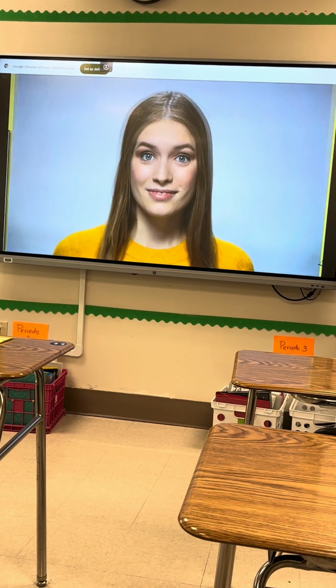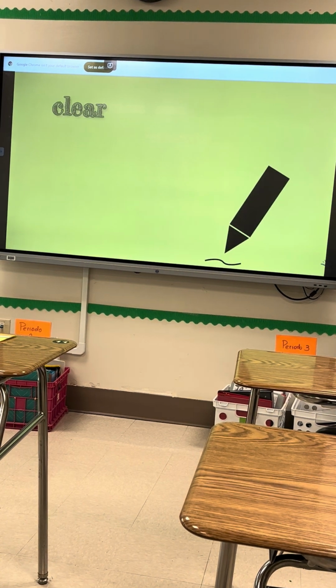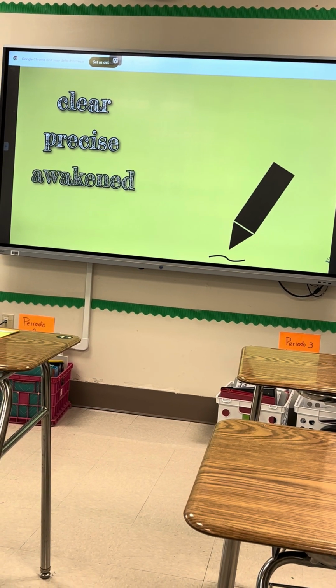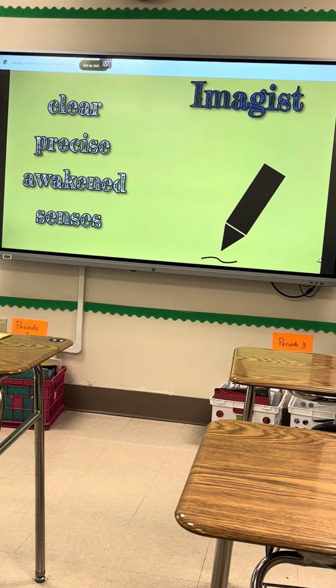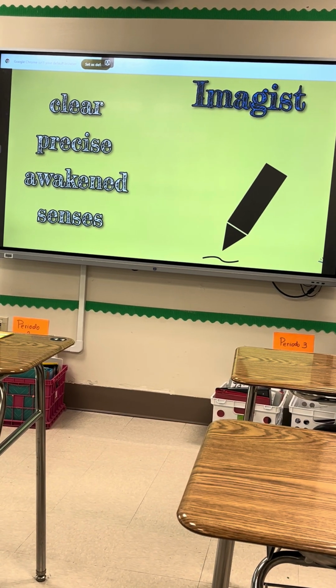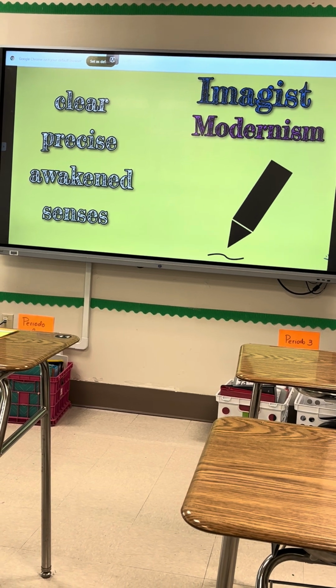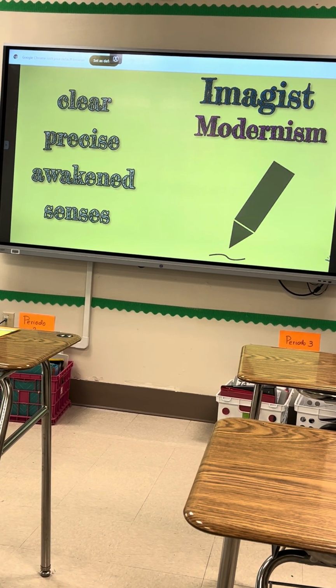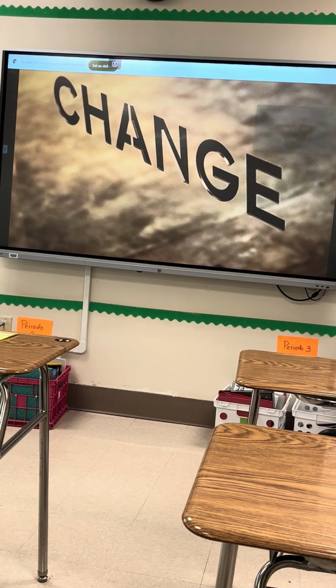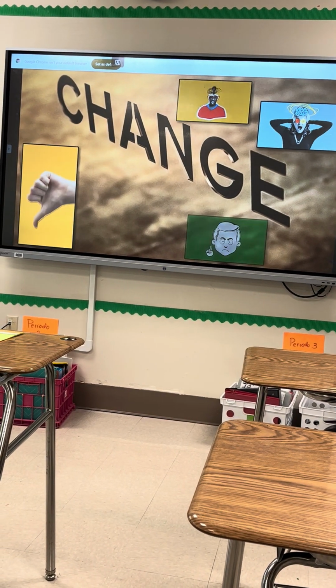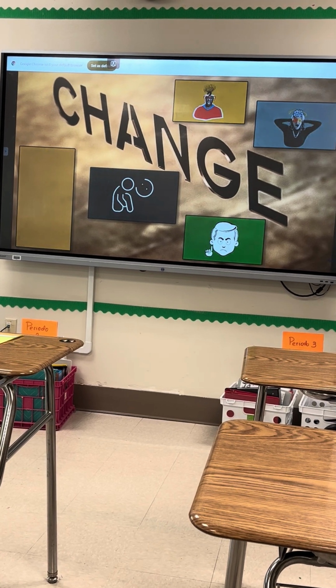In his early publishings, his writing style of clear, precise language that awakened the senses put him at the forefront of the Imagist movement, which is a subgenre of poetry written during the Modernism period. But by 1920, Williams's writing style began to change, and he was criticized by his friends and colleagues who once praised his work.